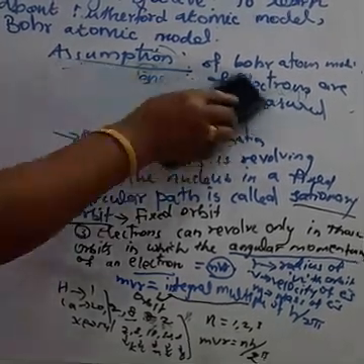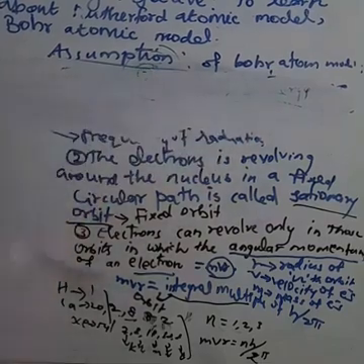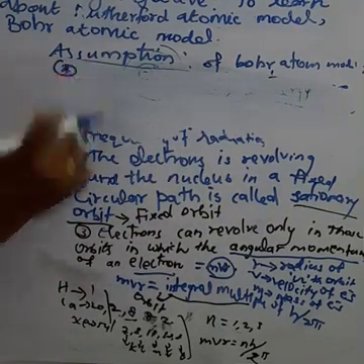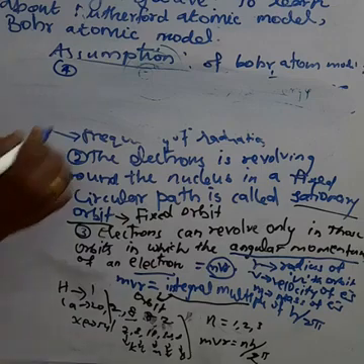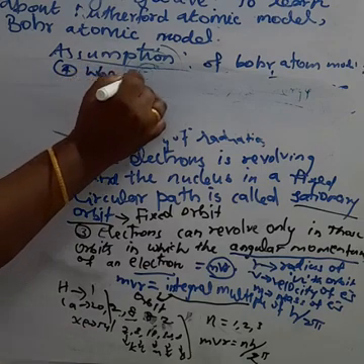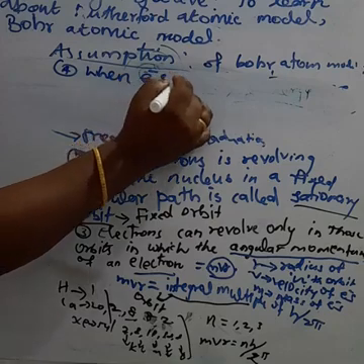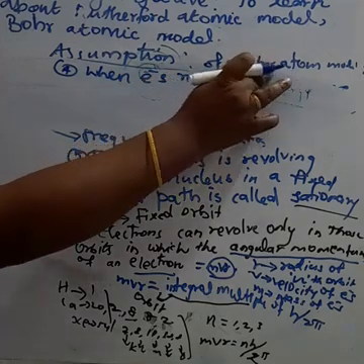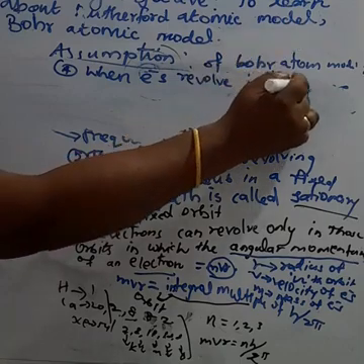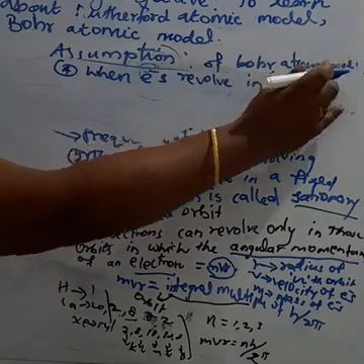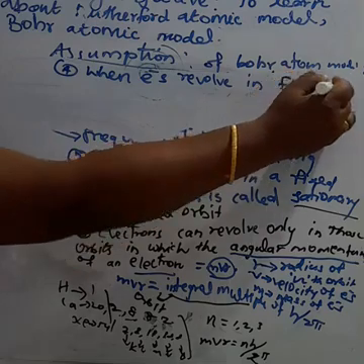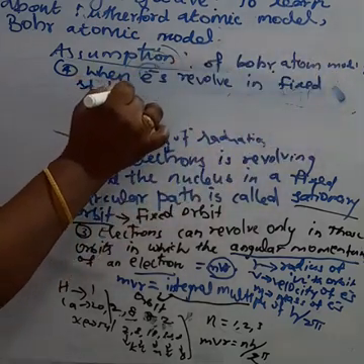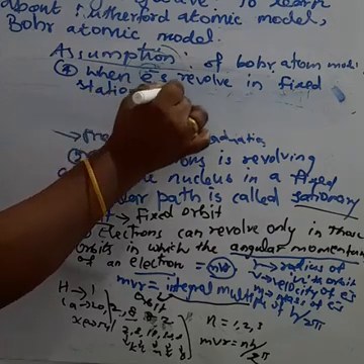And then the fourth point. When an electron revolves in a fixed stationary orbit, it does not lose its energy.